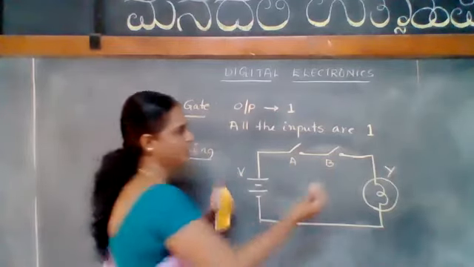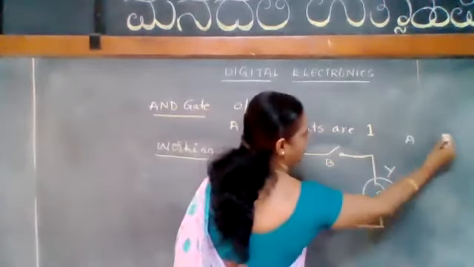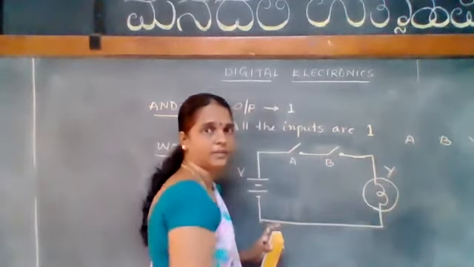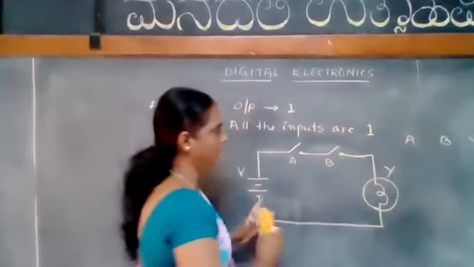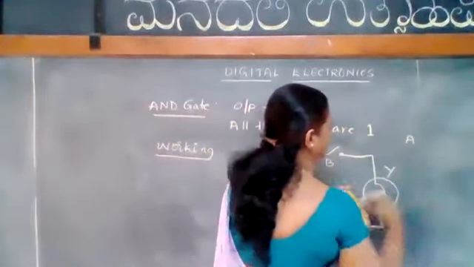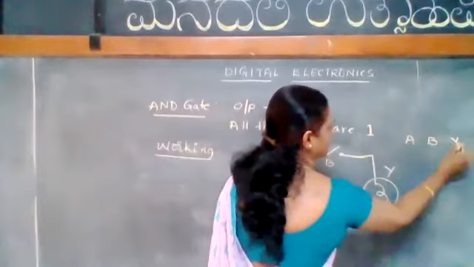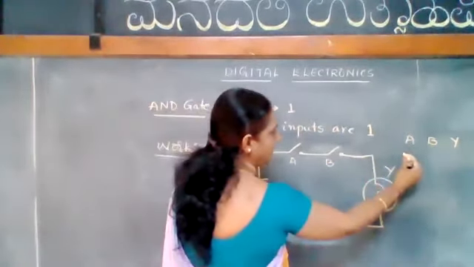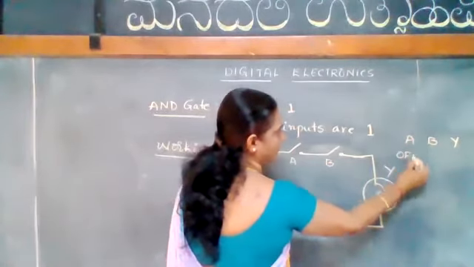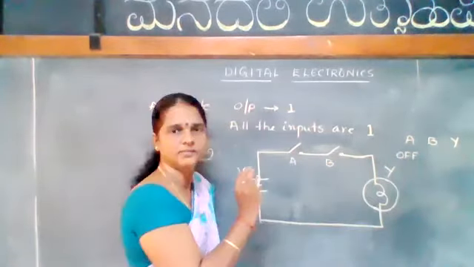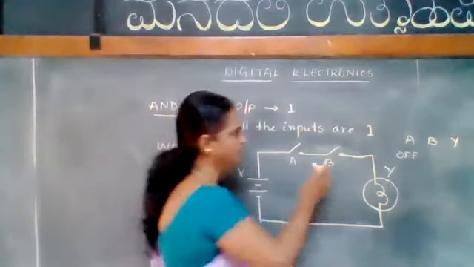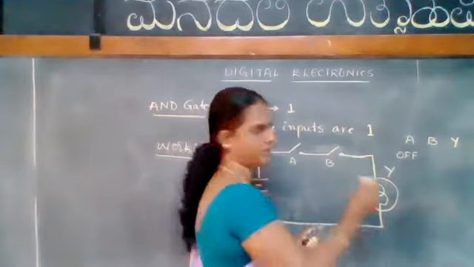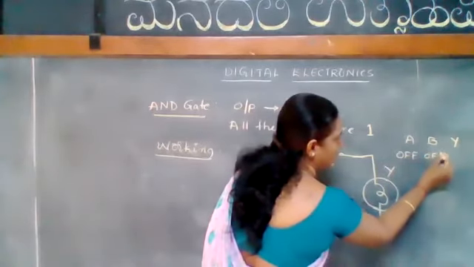So I will write A, B and Y. When A is off, that means the switch is open, and B is also at open condition, that is, also off.